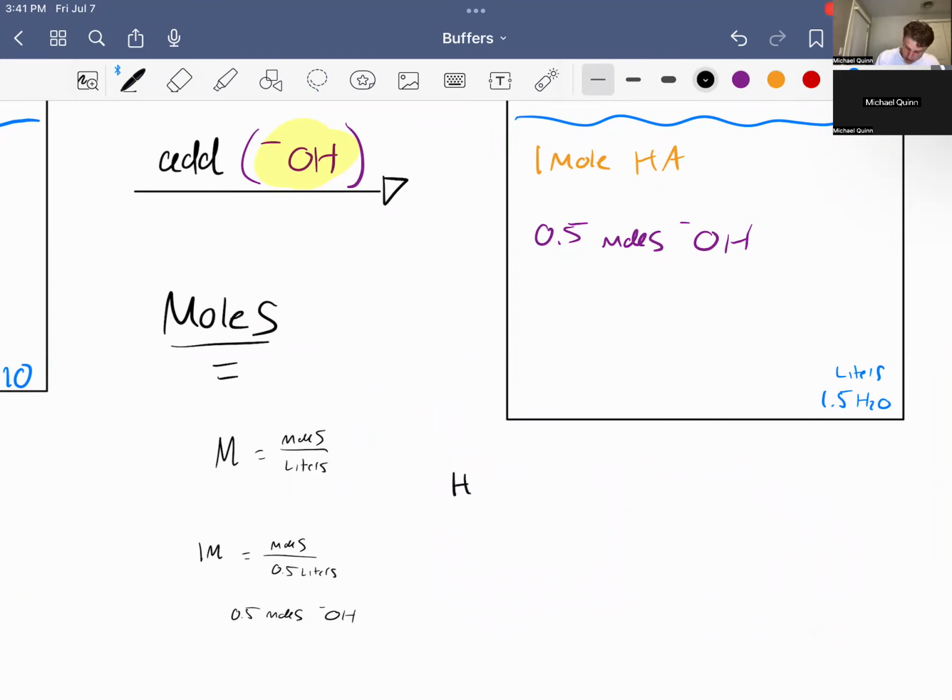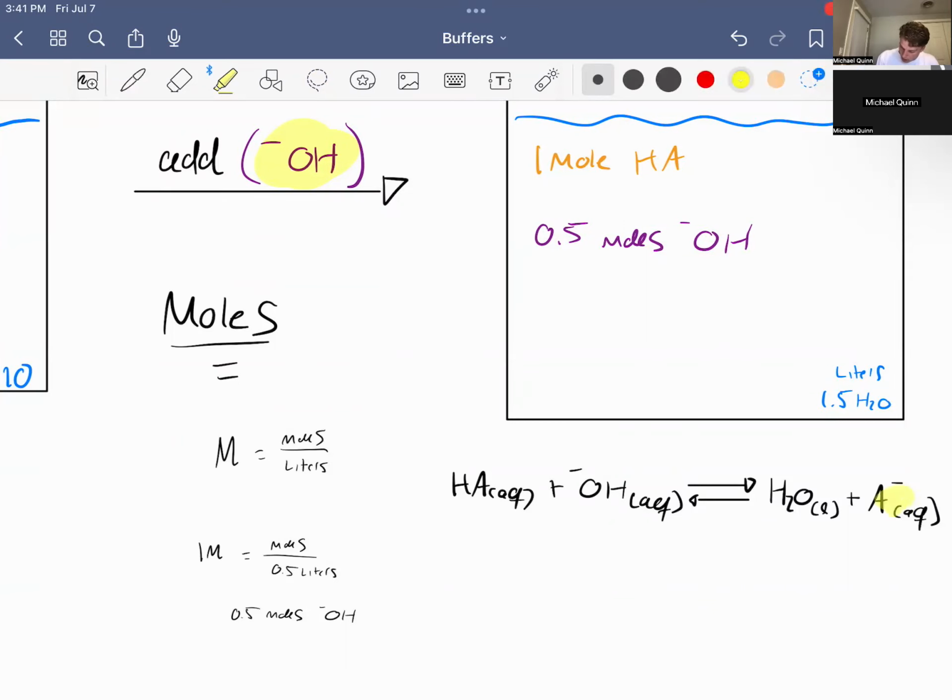So we have HA, aqueous, plus OH minus, aqueous, goes to H2O, liquid, plus A minus, aqueous, and this is great that we have now formed some conjugate base in this reaction, which can help us create a buffer.